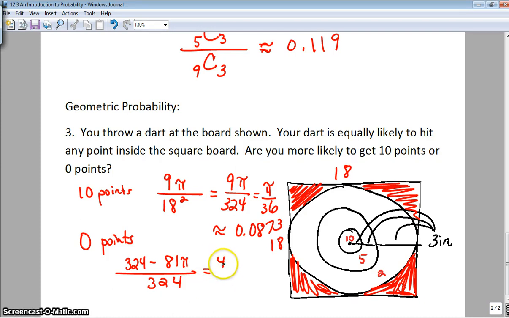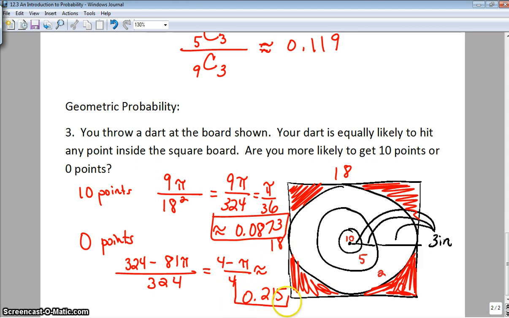So if we want to leave it as a fraction, we're going to reduce it to (4 minus pi) over 4. Or we can approximate it as 0.215 or 21.5%.